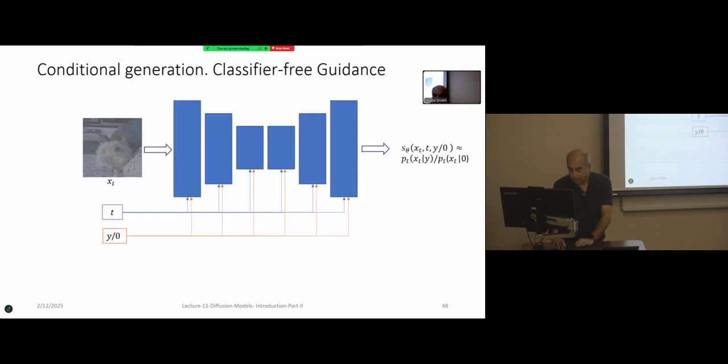Okay, so let me look at this one. So we have one network which has xt as input, t as input, and y as input, which class we want to generate. In one case, we'll put the y. In the other case, we'll put null. We will not put any class.